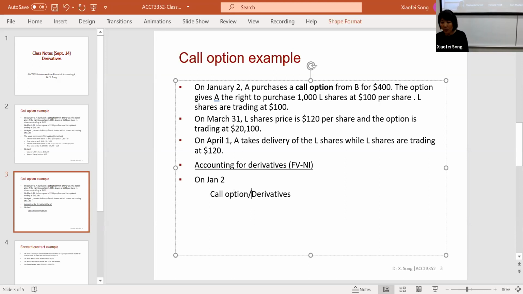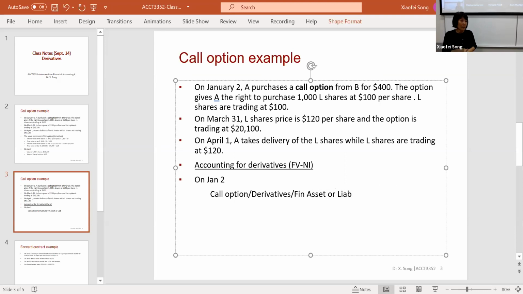So I will put all these in there, and the textbook keeps reminding us. It keeps saying this is a financial asset or liability. I find it was like overdoing it, but I would just put it here. Either one of these will be good. If you just call it a call option, it's obvious it's a derivative.